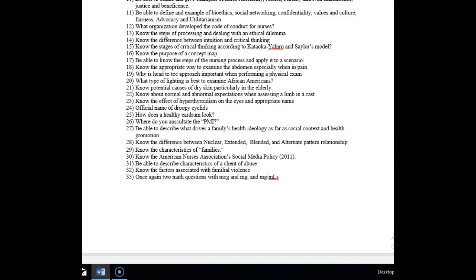Be able to describe characteristics of a client of abuse and know the factors associated with familial violence. Oh, I hate talking about that kind of stuff. It's because it's so sad, because you see different people going through so many different things.